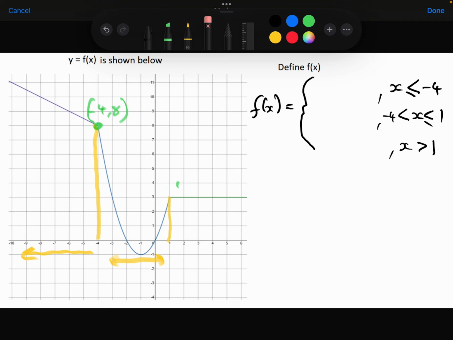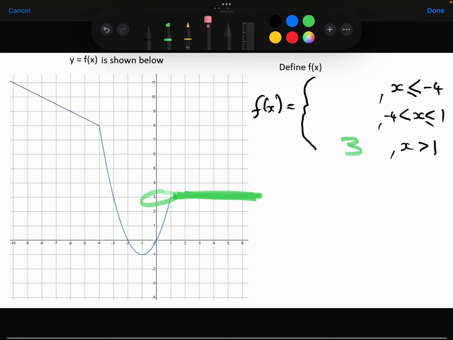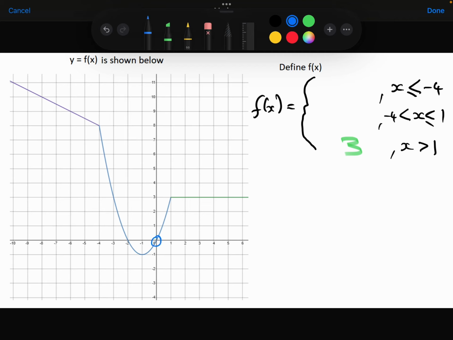Right, let's work out the equations for each part here then. Well, the green line there, hopefully that's nice and simple. You can see that that's always just equal to 3. The quadratic, let's do that now. I can see that the quadratic has a root at 0 and a root at minus 2.